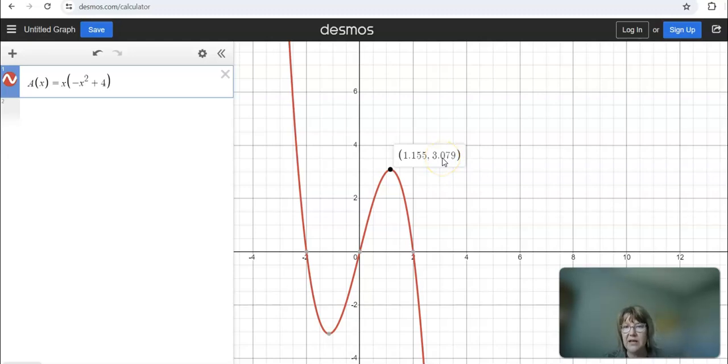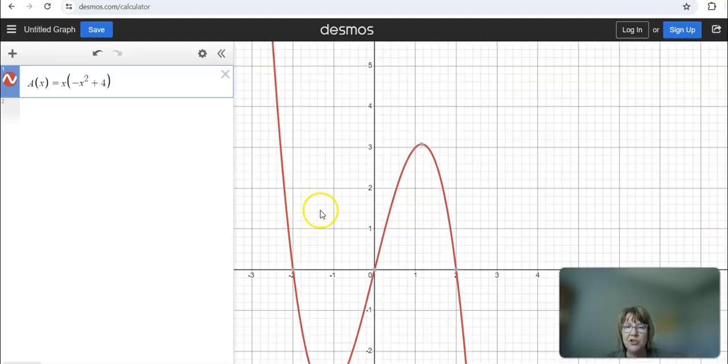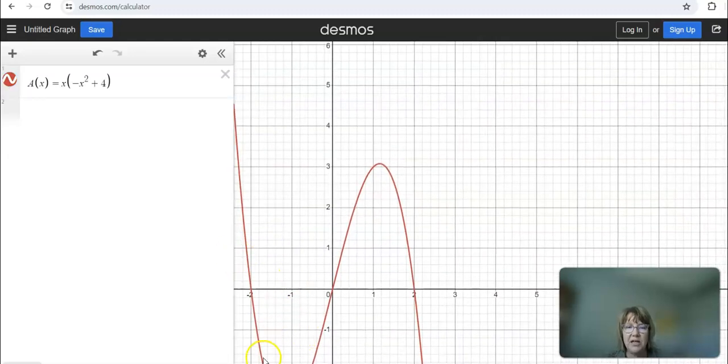And then if you have a TI-84 Plus, to get this, you can do second calculate and find the local max in that area. But again, what is the domain and range of this function? Domain is not including 0. You can't have a width of 0. All the way to 2, you can't have a width of 2 because you can't get an area of 0. So 0 to 2 with parentheses.